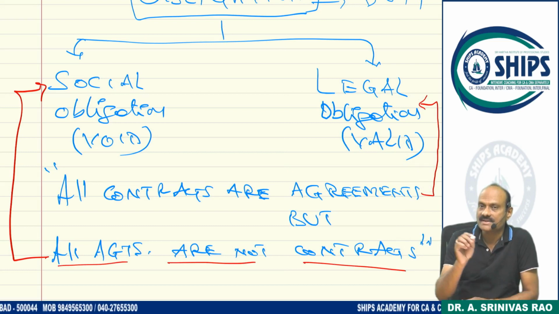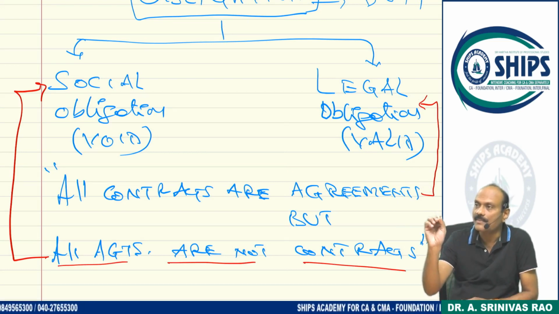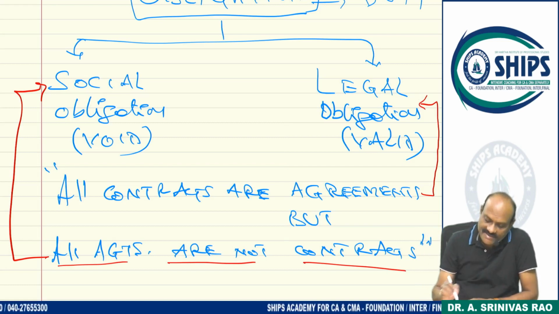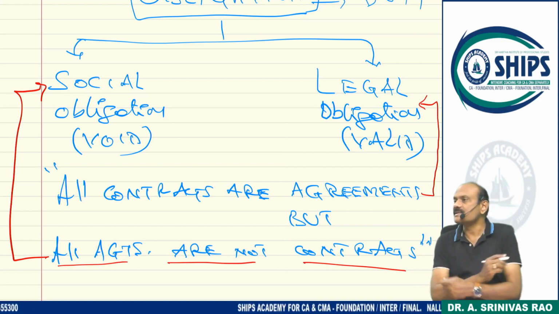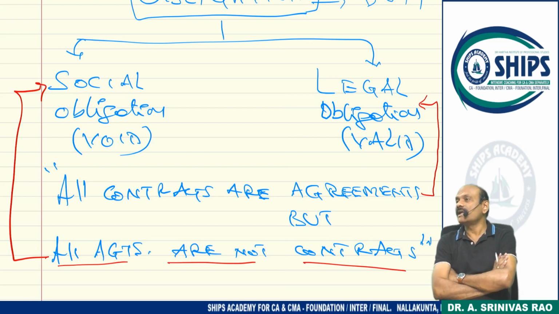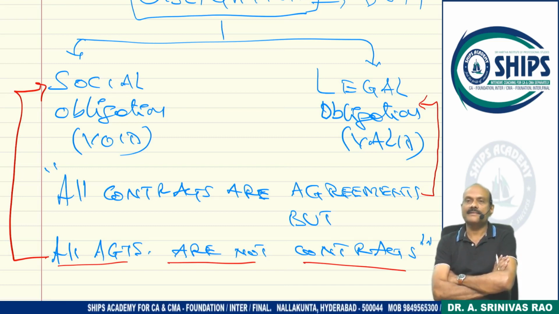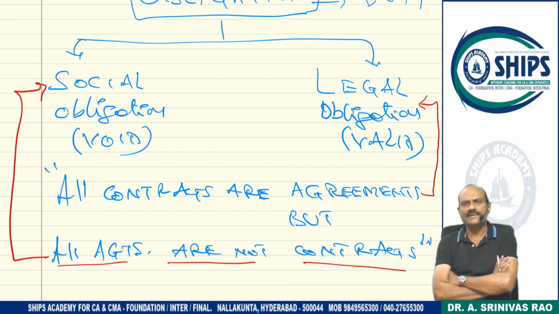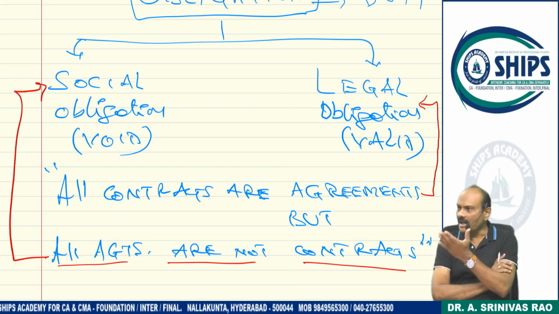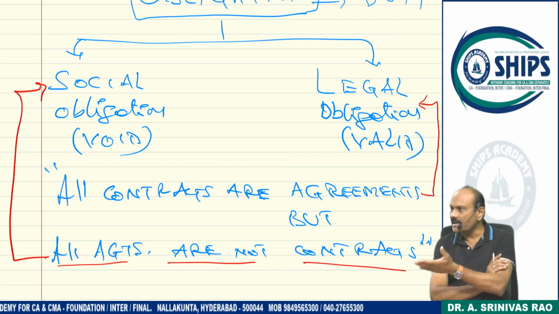When persons are intended to create a social obligation, that's why this is the base to understand the concept. Obligation means duty. If parties are intended to create a legal obligation, it is a contract, which means all contracts are agreements. Because what is a contract? Agreement enforceable by law.